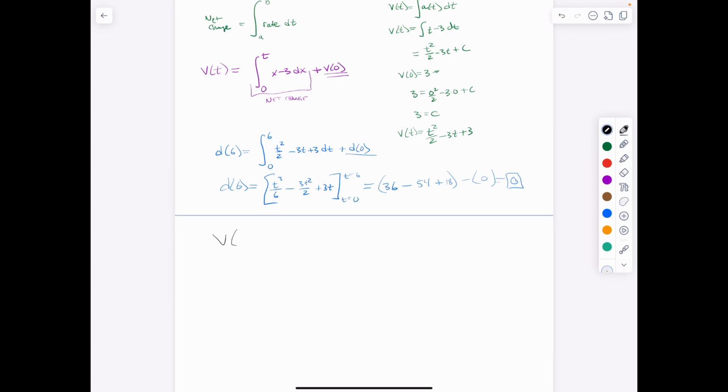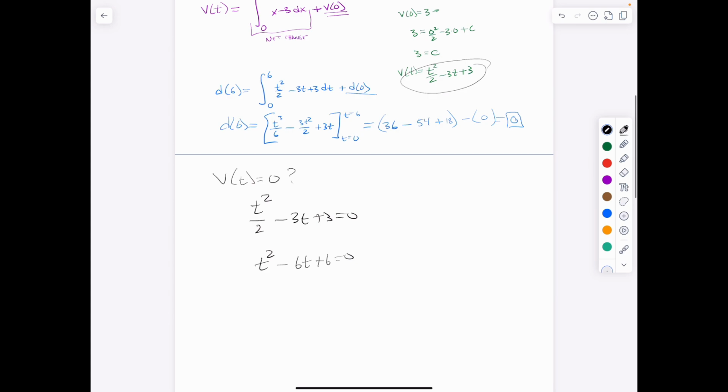Well, the way we're going to do this is we'll find out where v of t is equal to 0. And so where was v of t? V of t is right there. So let's see, t squared minus 6t plus 6 equals 0. Does that factor? Of course it does not. Drat.